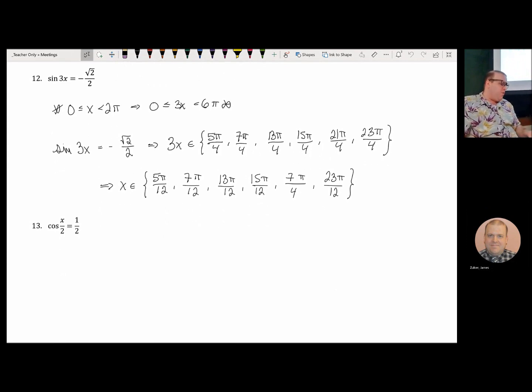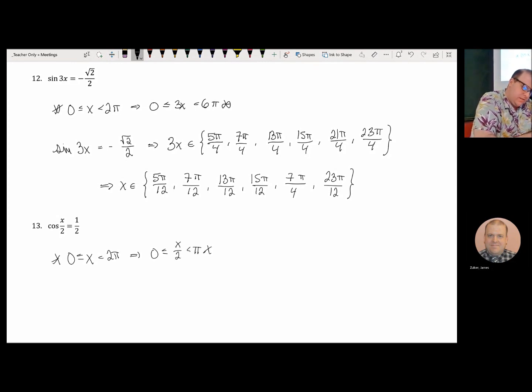Cosine of x over 2 is 1/2. Since we're between 0 and 2 pi for x, we're going to need 0 and pi for x over 2.